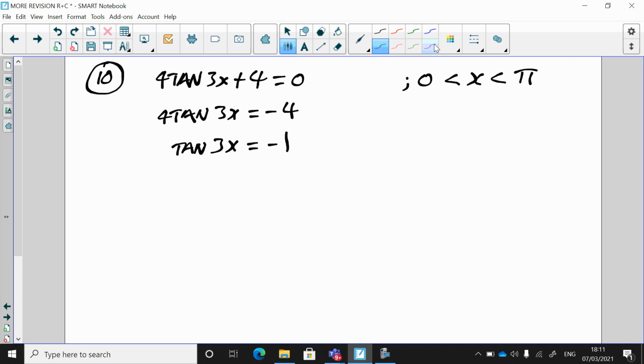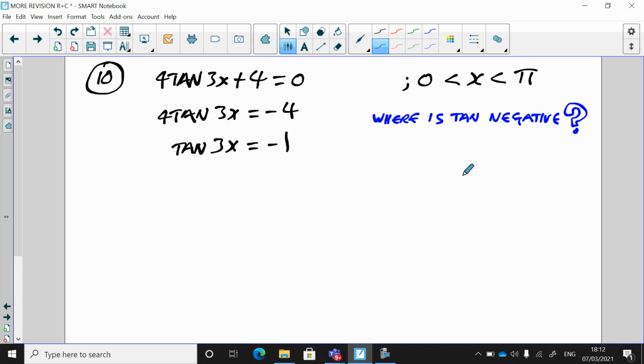So I need to ask, where is tan negative? We're talking about a quadrant check, or you might have somebody else who uses another method, a method of symmetry.